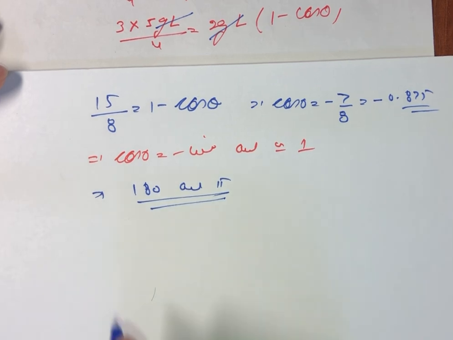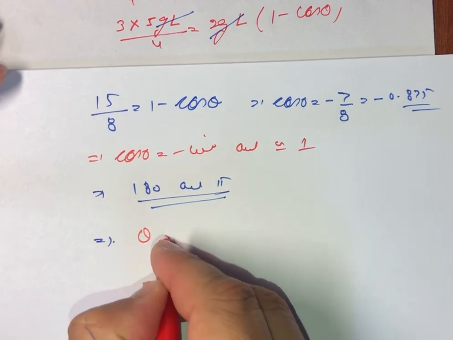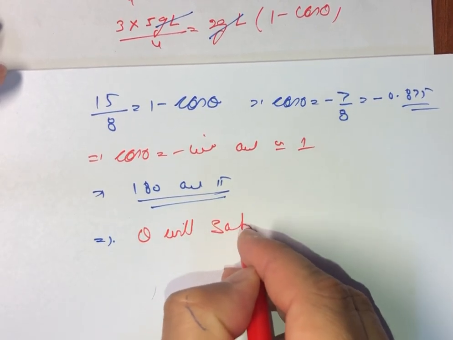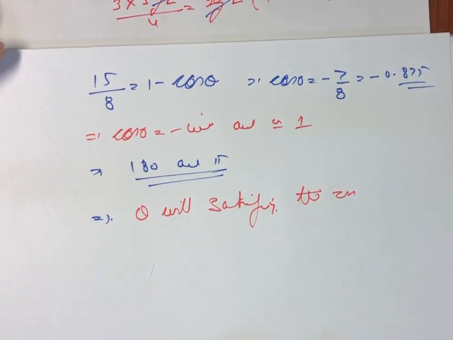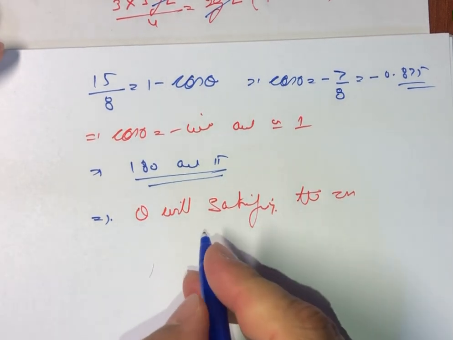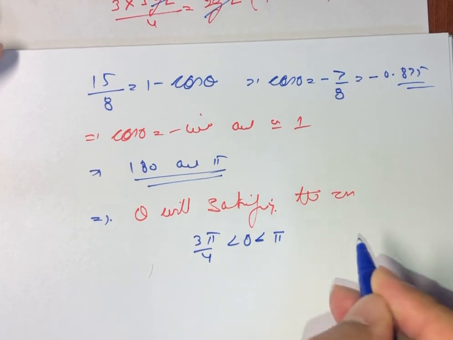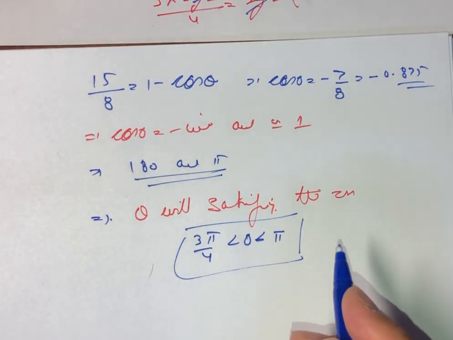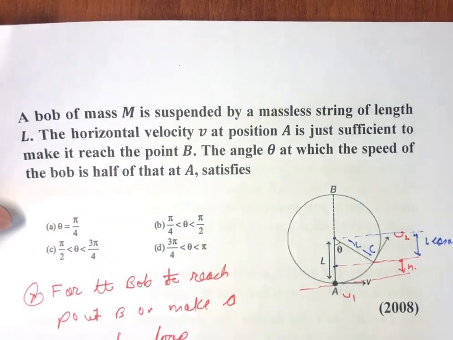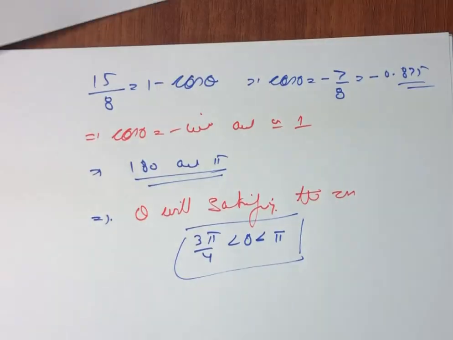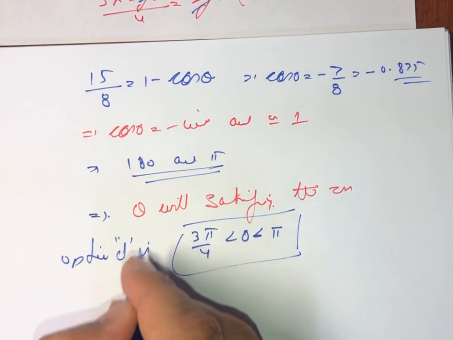So based on this we can say that theta will satisfy the equation 3 pi by 4 is less than theta less than pi. So here we can say that option D is the correct option.